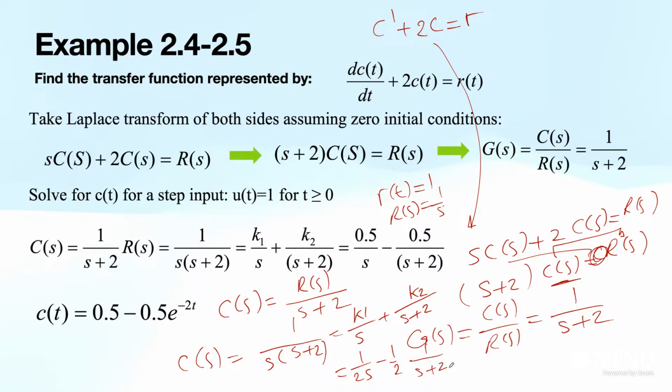Apply inverse Laplace transform, so C of t will be 1 divided by 2 minus 1 divided by 2 exponential minus 2t. Now we have our response in the time domain. The time response consists of a forced component, 1 divided by 2, minus a natural component, which decays over time.